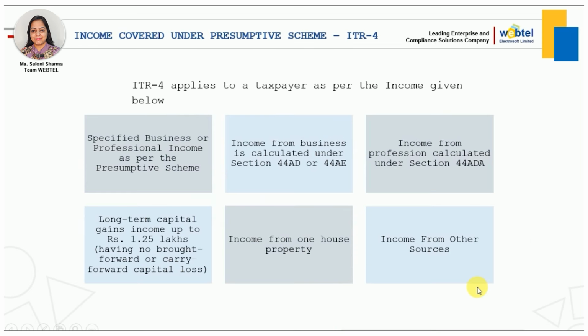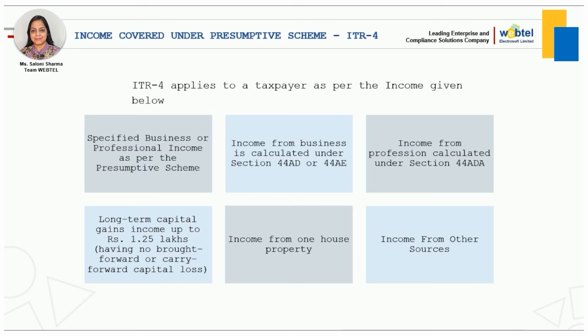Now let's understand the incomes that are covered under the presumptive scheme. If you have specified business or professional income as per the presumptive scheme, income from business calculated under Section 44AD or 44AE, or income from profession calculated under Section 44ADA.